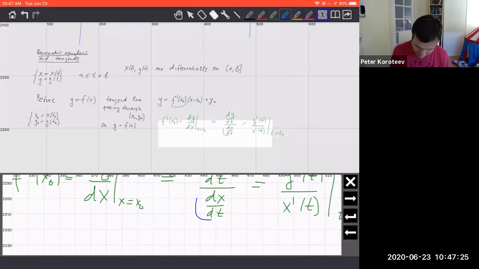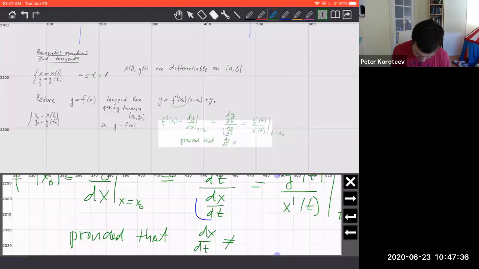So this is provided that dx over dt is not equal to 0. In terms of the function of one variable, what does this condition translate to? Remember it's dx over dt, so it's the rate at which x changes. Vertical tangent, yes, that is correct indeed.